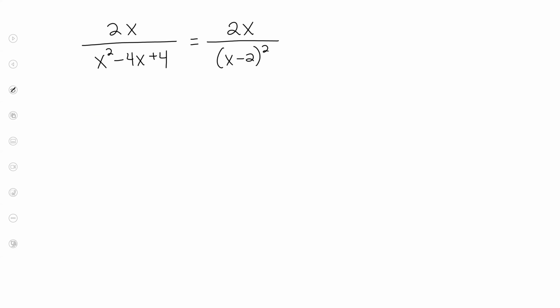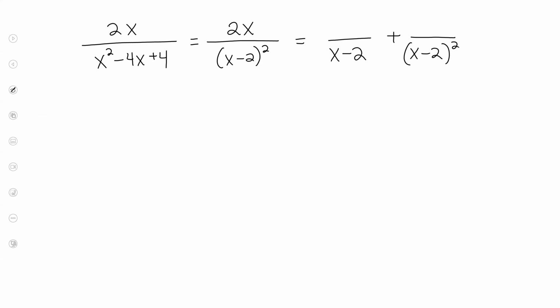Okay, so guys, whenever your factors are repeated, you're going to use a different method. We have a repeating factor. We have x minus 2 twice. So whenever it is repeated, you are going to write one with just x minus 2 and the other one with x minus 2 squared.